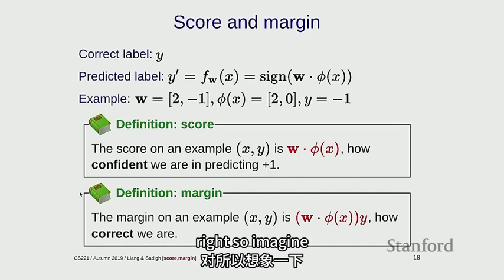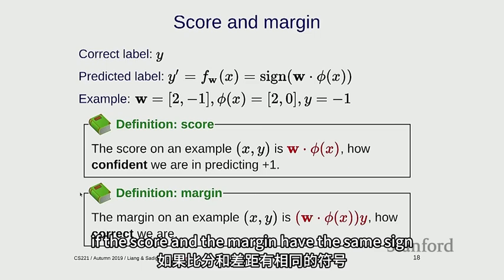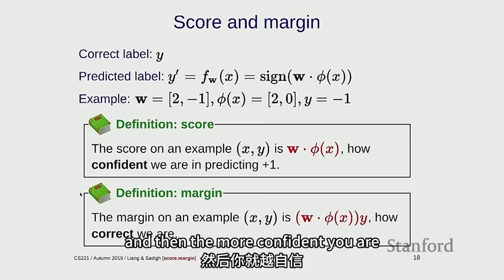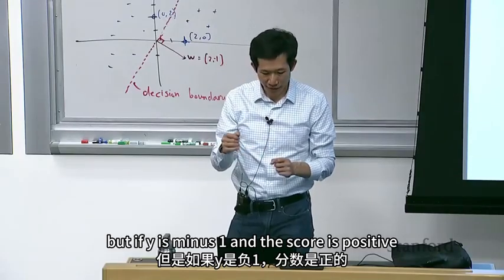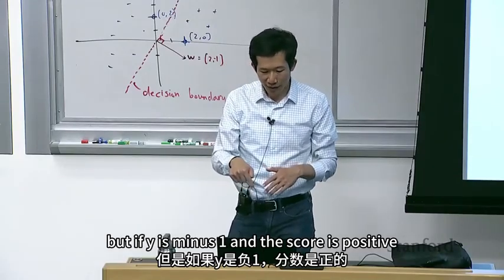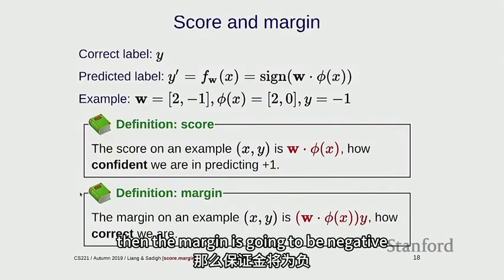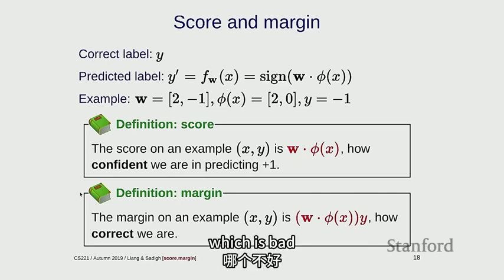If the score and y have the same sign, then you get positive numbers, and the more confident you are, the more correct you are. But if y is minus 1 and the score is positive, then the margin is going to be negative, which means that you're confidently wrong, which is bad.